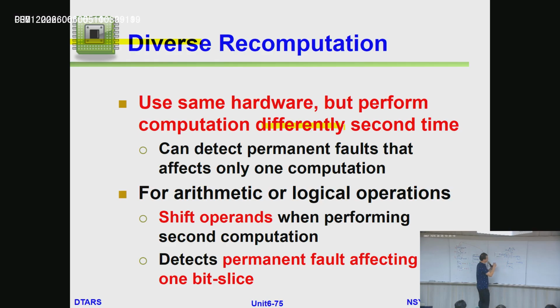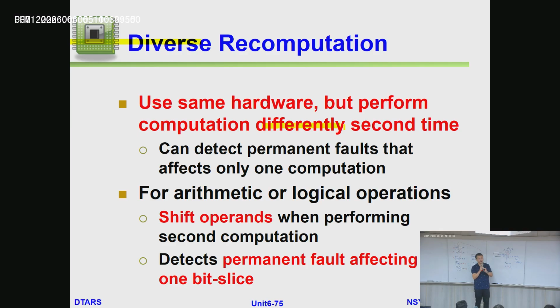For diverse recomputation, the first time you use A0, B0 to calculate the sum and carry out. But the second time you do the operation, you shift the input so that you use A1, B1 in the zeroth bit adder to calculate the sum and the carry out.